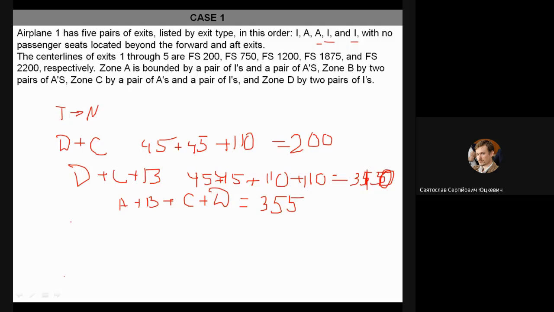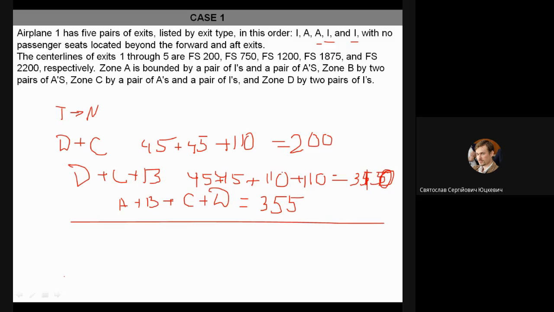So now we'll use a maximum passenger configuration and possible allowable limits for the combination of the zones from tail to nose and from nose to tail. It will be useful if you make some different layouts for the A plane, but in our case we just determine the maximum allowable limits.